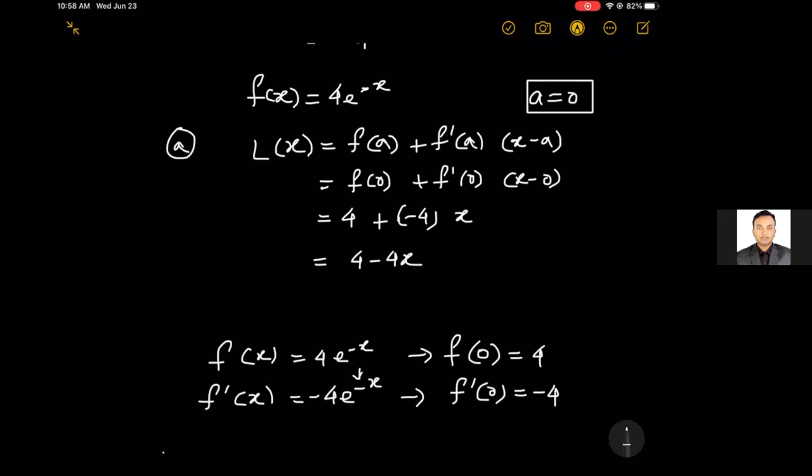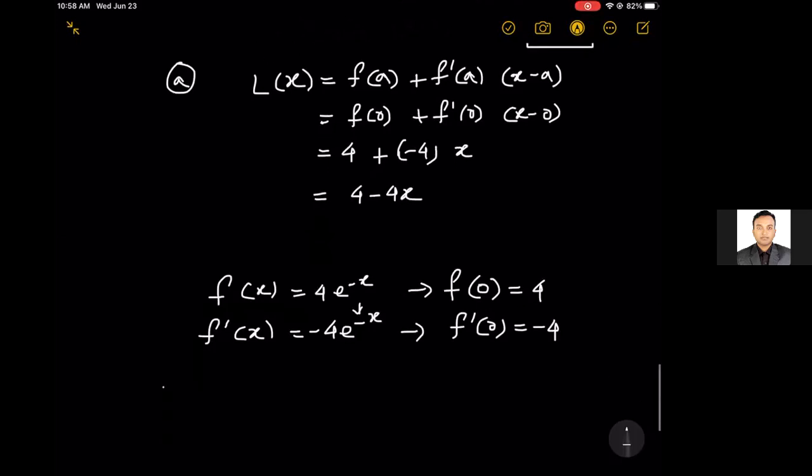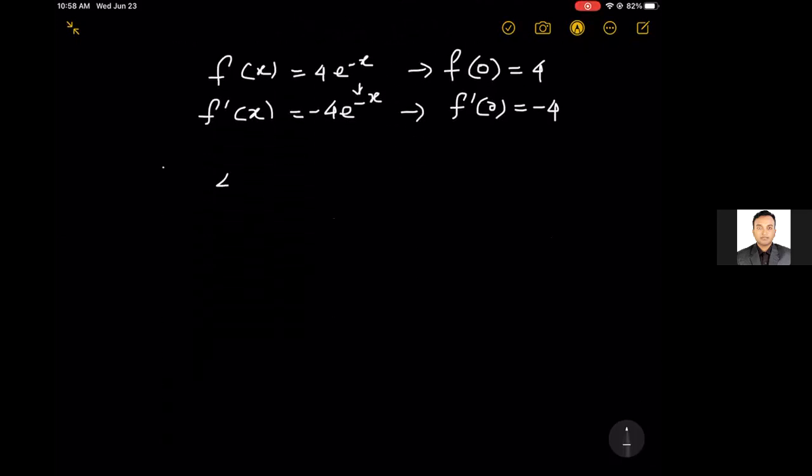Okay, so now let me show you one or two more things that could be done to this type of problems. I might say, or the question might say, hey, can you approximate 4e to the negative 0.02 for me?